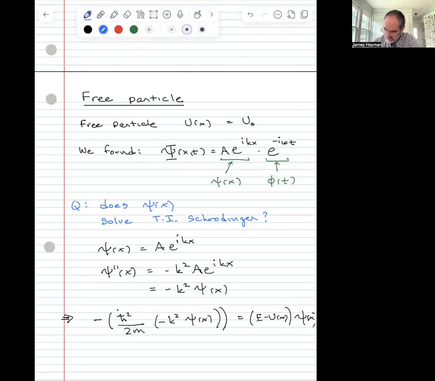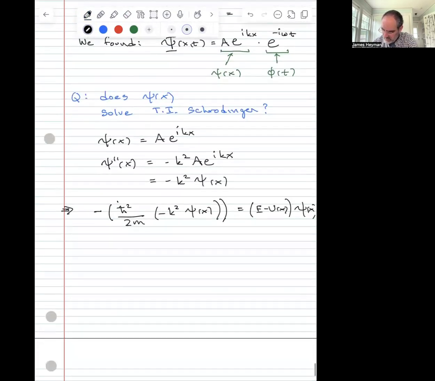Okay? Let's just cancel out the minus signs. So we have h bar squared k squared over 2m psi of x is equal to E minus U of x times psi of x, but U of x is just U0.